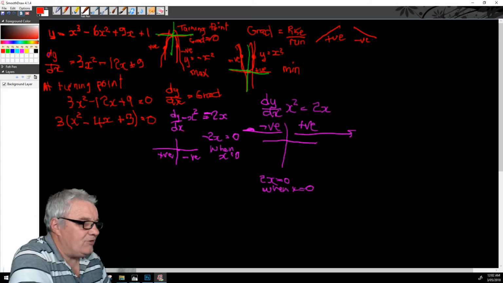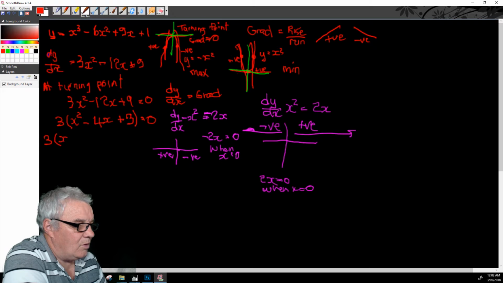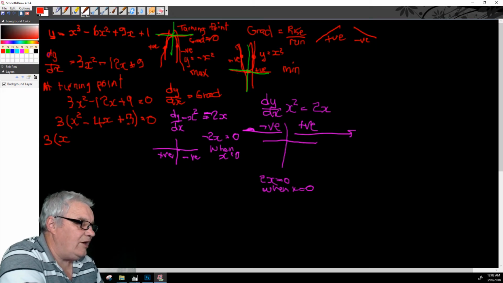And then I'm going to factorize this quadratic. The sign here is positive, but this is negative, so that must mean that they're both negative.